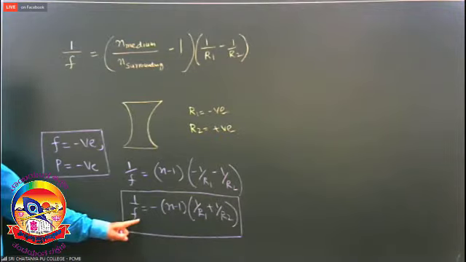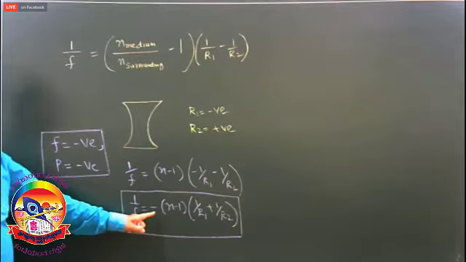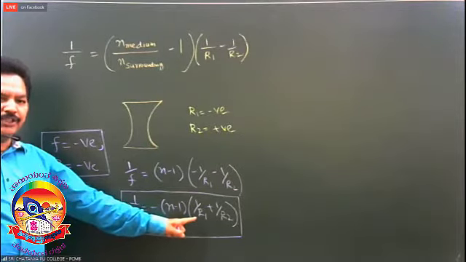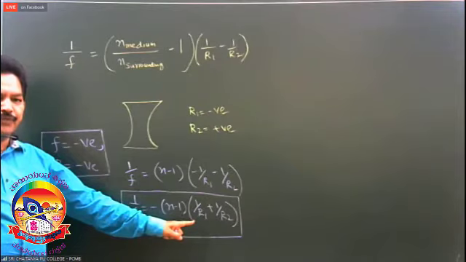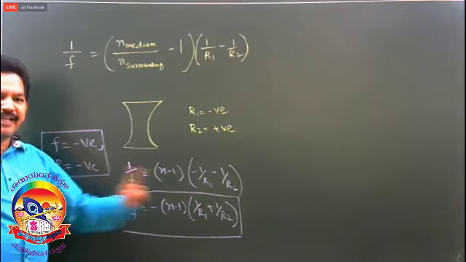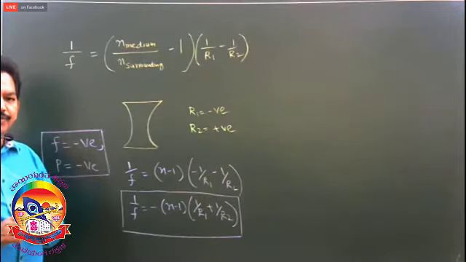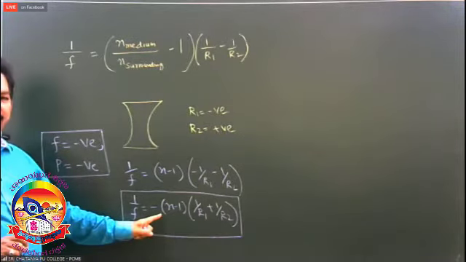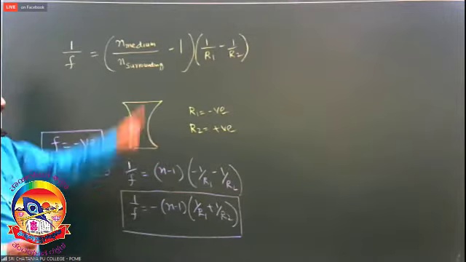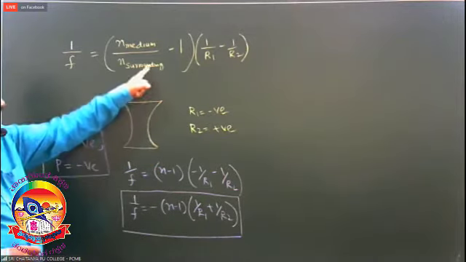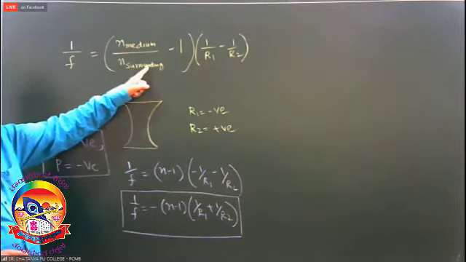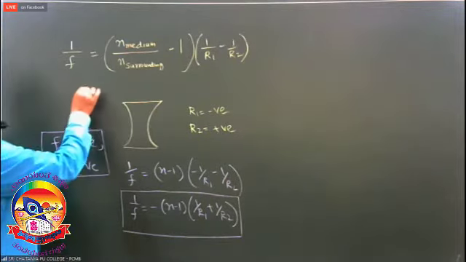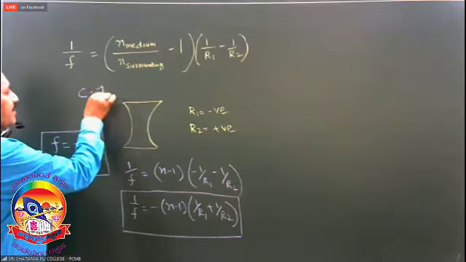But here, 1 by f is equal to minus (n minus 1) into (1 by R1 plus 1 by R2). Don't get confused. Directly take the R1, R2 values and substitute in this formula, before applying the sign convention. This is case 1 in the concave lens.